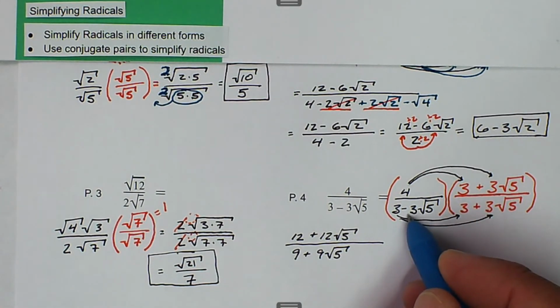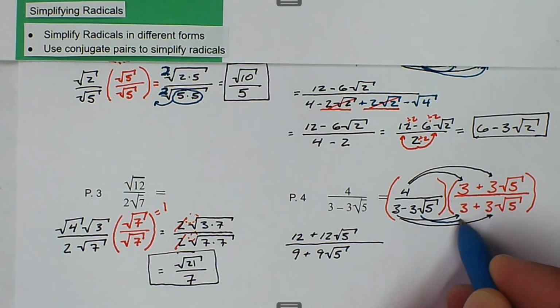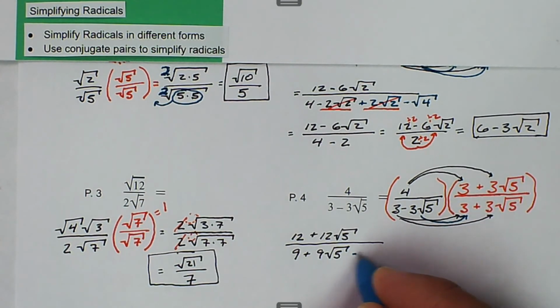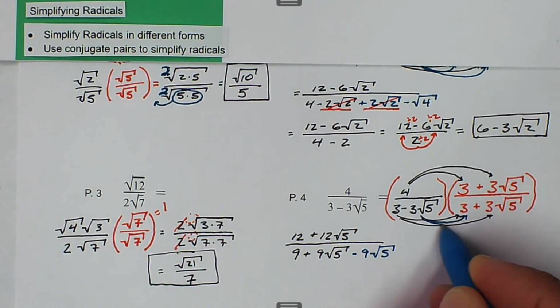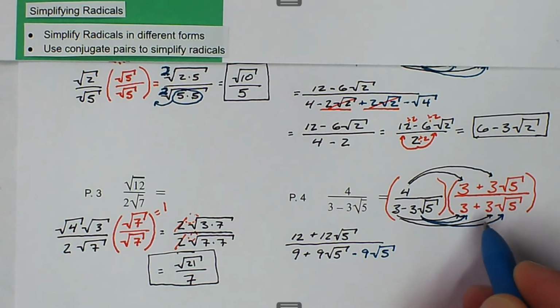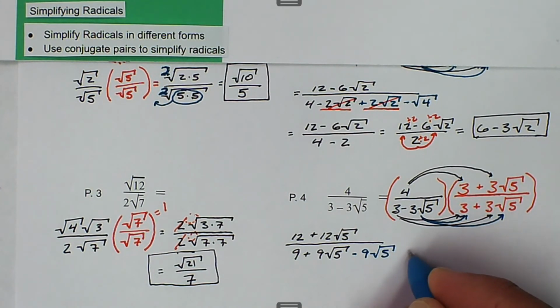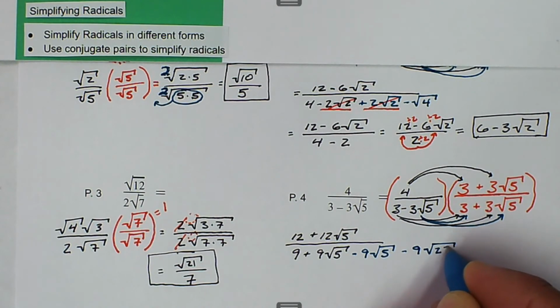Then we can say negative 3 square root of 5 times 3 is negative 9 square root of 5. And negative 3 square root of 5 times 3 square root of 5 is negative 9 times the square root of 25.